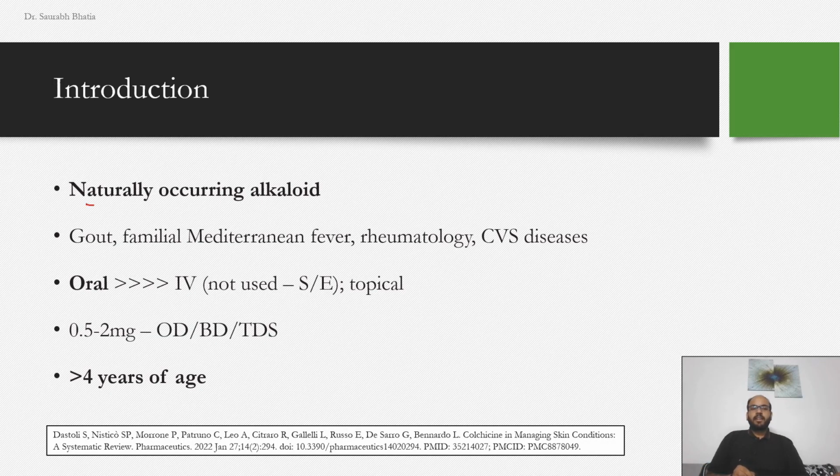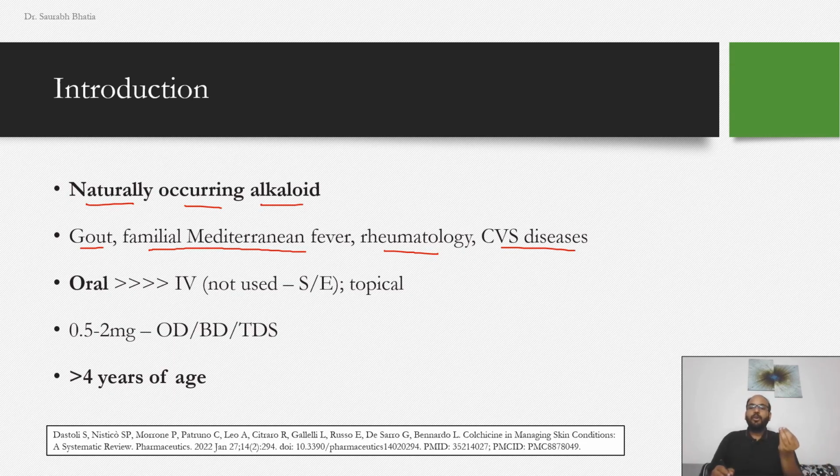So colchicine is a naturally occurring alkaloid, and it is FDA approved for use in gout flares, not exactly gout, but during flare-up periods, as a maintenance therapy in familial Mediterranean fever, in various rheumatological disorders in which you have joint pain and inflammation, and in cardiovascular diseases. So much so that it has been used as a good maintenance agent because of its good cardioprotective effects.